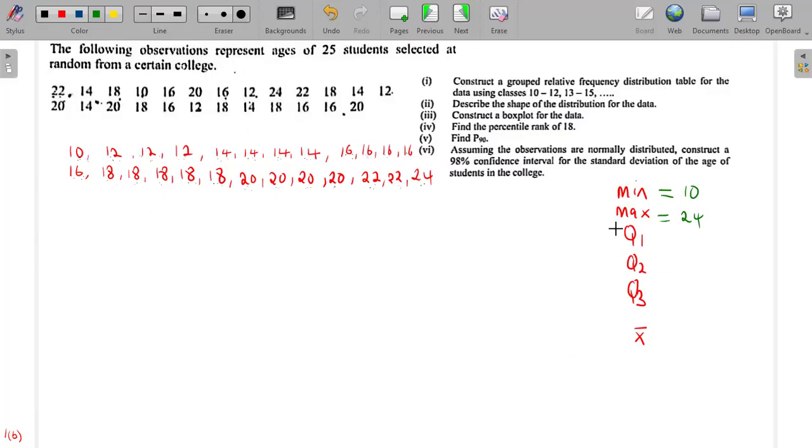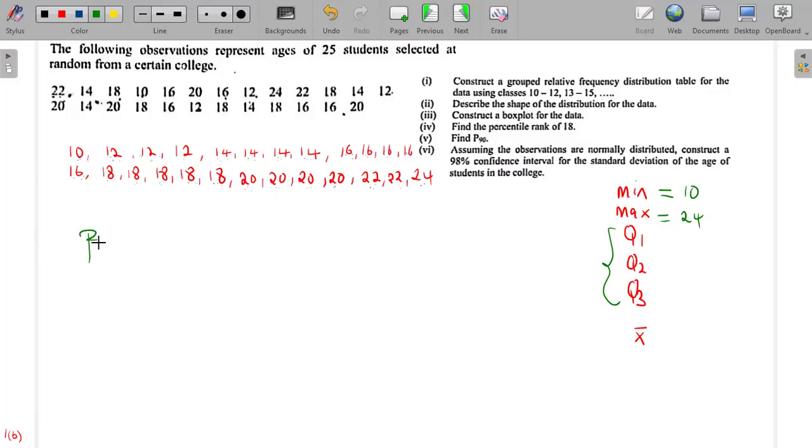But now how do you find these quartiles here? For the quartiles, you first define the approximate position where you can find the quartile, and then go to the ordered data and get the quartile.